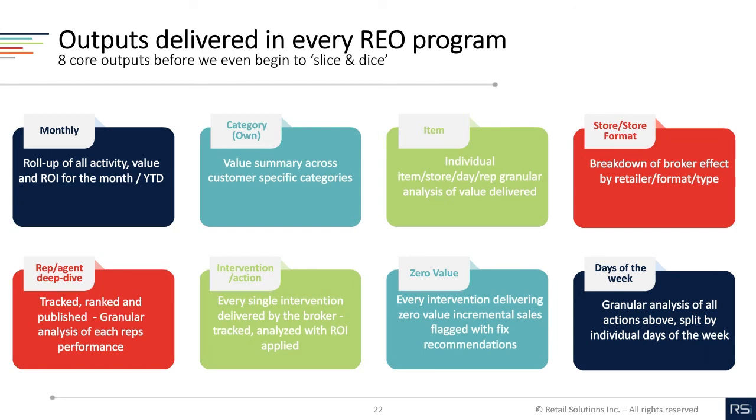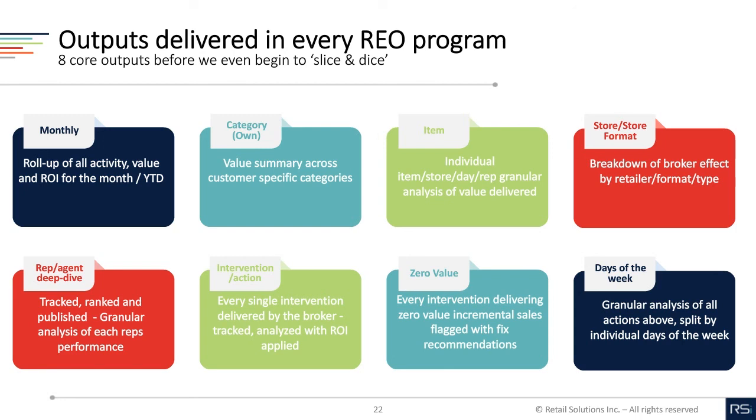The intervention and action analysis helps you understand the mix of actions taken, the impact and the recommendation for future focus. Zero value analysis highlights which actions are consistently delivering no incremental sales benefit versus a comparison period. An interesting point to note here is typically the average zero value percentage at the start of any REO program is 80%.